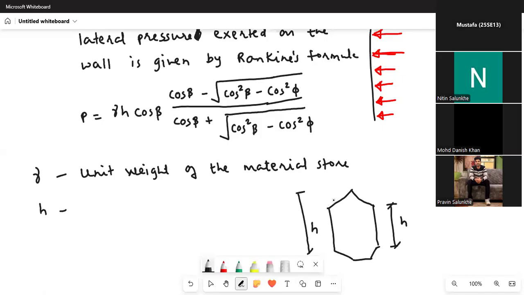You will have some surcharge in the bunkers. So the material stored will be like this. There will be some cone shape on the top surface. So this is the depth measured from top of stored material.